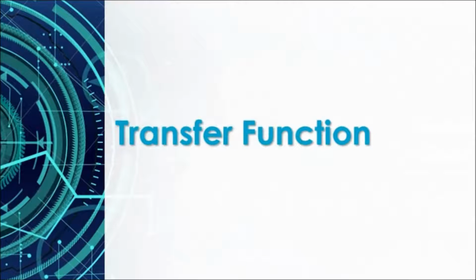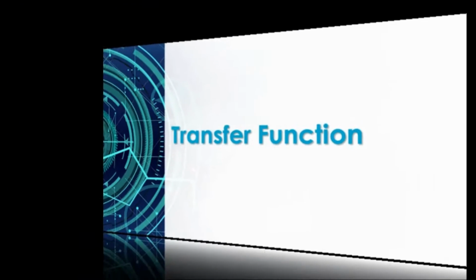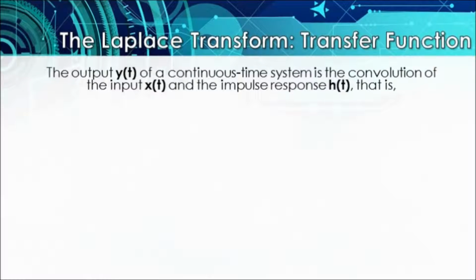Now, we can begin the application of the Laplace transform to the study of continuous time systems. The output y of t can be represented as the convolution of the input x of t and the impulse response h of t.